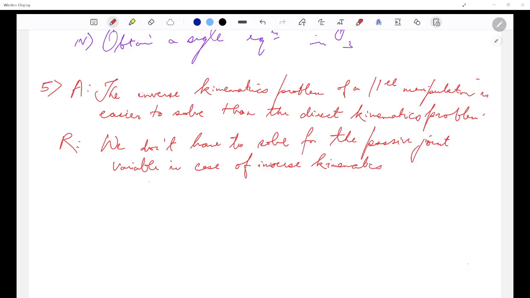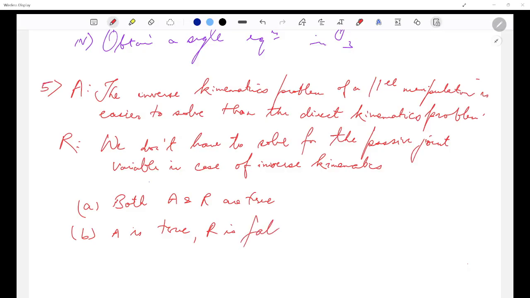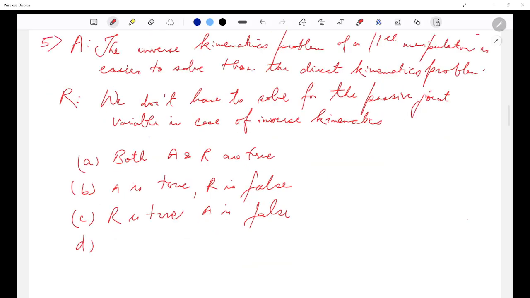So the options are: both A and R are true; A is true and R is false; R is true, A is false; and the last option is both A and R are false.